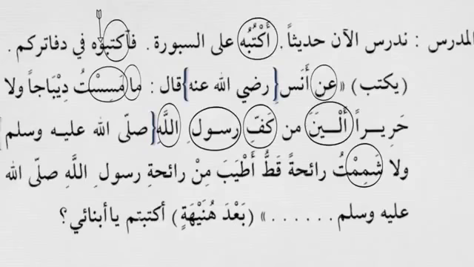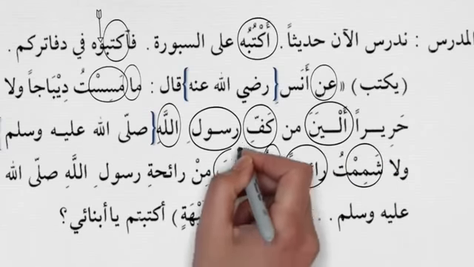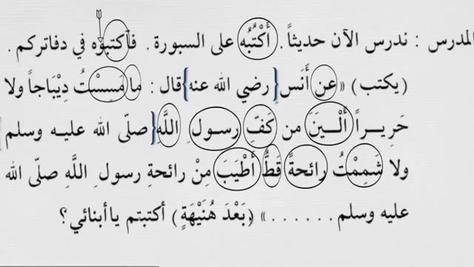So: ما مسست ديباجا ولا حريرا ألن من كف رسول الله صلى الله عليه وسلم ولا شممت رائحة قط أطيب من رائحة رسول الله صلى الله عليه وسلم. Subhanallah, we should be able to understand completely now. So qattu is for emphasis in the past tense. And then ba'da hunayatin, after a while.